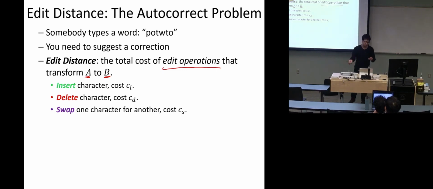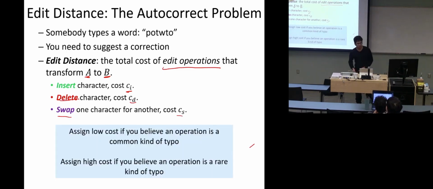One is to insert some character, and for each insert you pay CI. For each deletion you pay CD, and for each swap you pay CS. Basically, you assign a low cost if you believe that an operation is common.